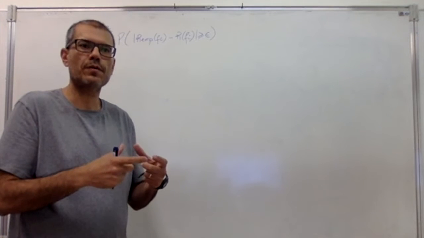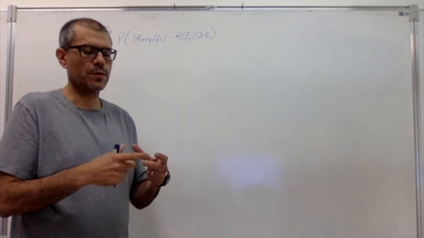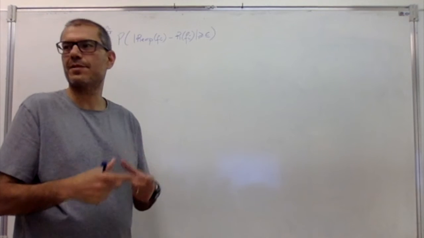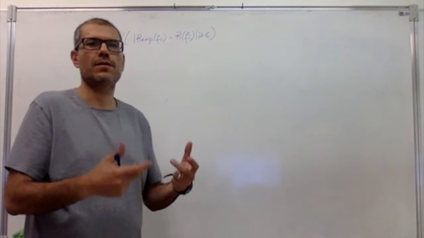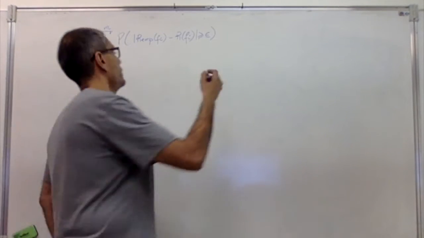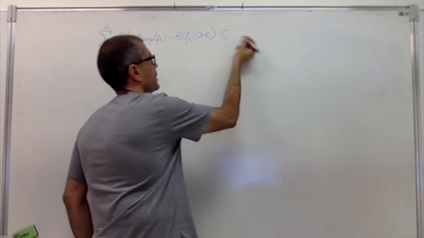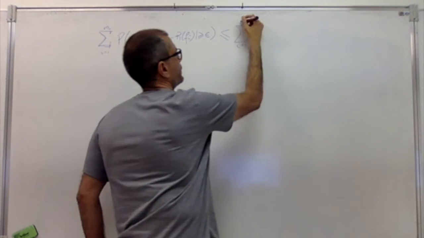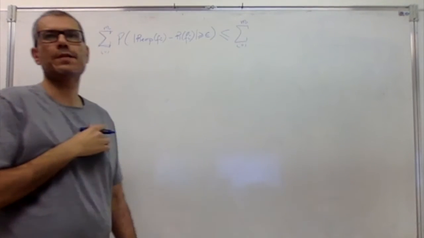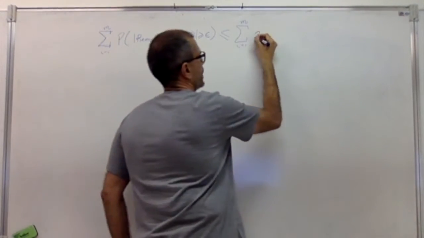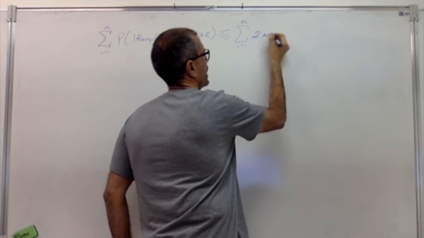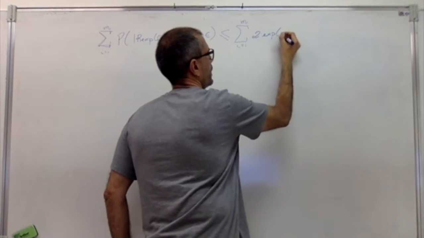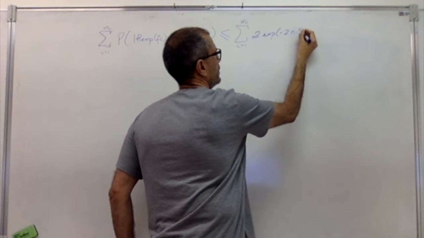You can have an open ball with a boundary or without a boundary, and that doesn't make a great difference. But anyway, we stopped here, summing up on the other side also the terms from 1 to m, which are equal to 2 times the exponential value of minus 2n.